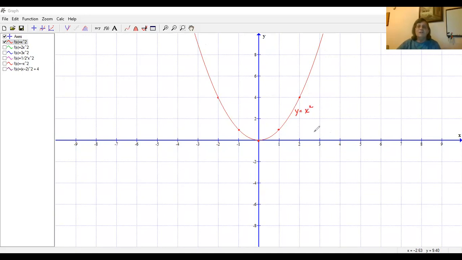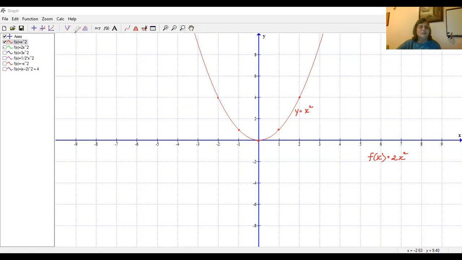Now, if we look at the graph of y equals 2x squared, recall from the stretching and shrinking characteristics that if you multiply your function by a positive number, as long as that number is on the outside of the function, for instance, f of x equals 2x squared, then this is going to be stretched away from the x-axis by a factor of 2.